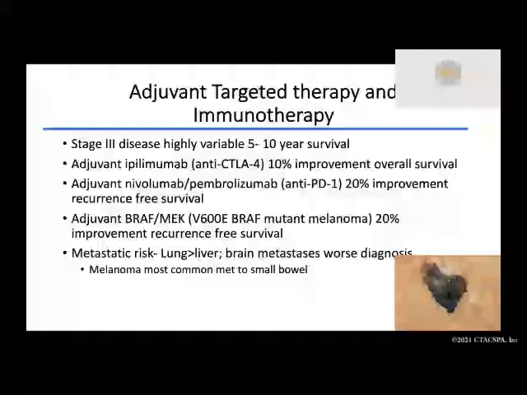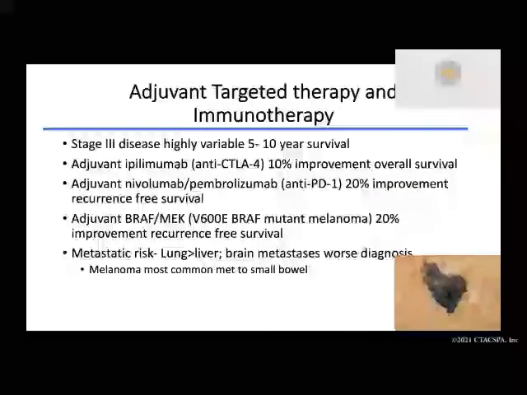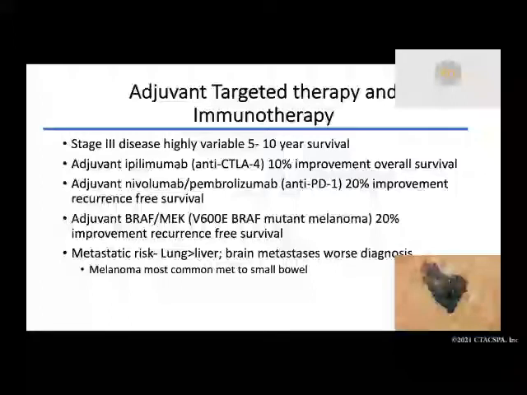After surgery, considerations in melanoma, if the patients had involved sentinel nodes or clinically palpable nodes, would be immunotherapy agents like ipilimumab, which is anti-CTLA-4, and adjuvant nivolumab or pembrolizumab, which are anti-PD-1 agents. In melanoma, if they have a BRAF V600E mutation, then they get a combination treatment of a BRAF and MEK inhibitor.